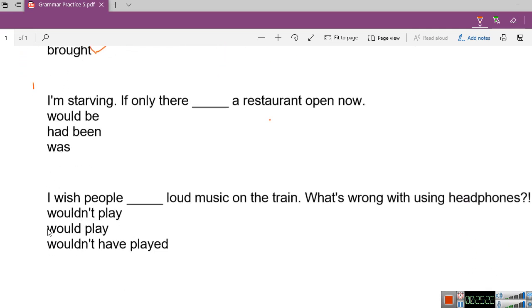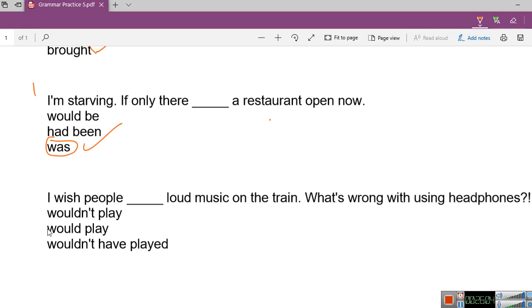Now, I'm starving. If only there was a restaurant open right now. Tell me, is this a present desire or a past desire? Present desire. Okay, so there you have a clue: I am starving.